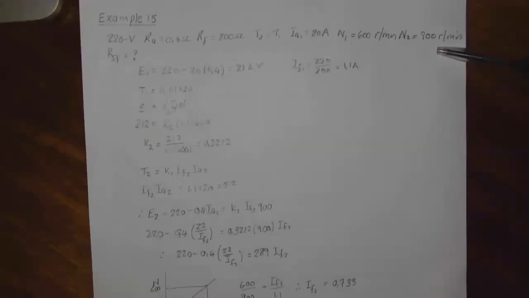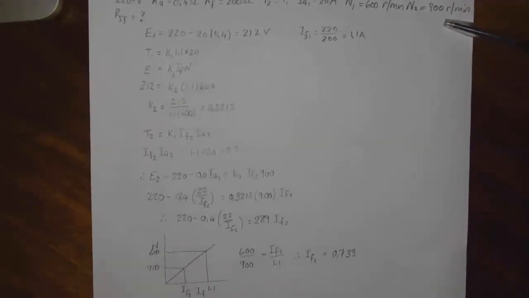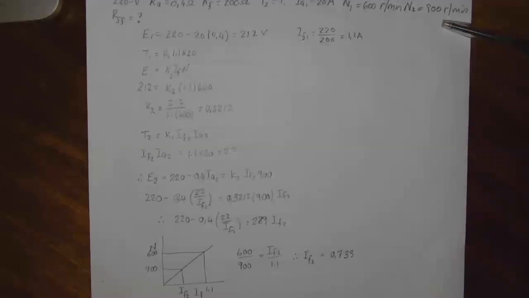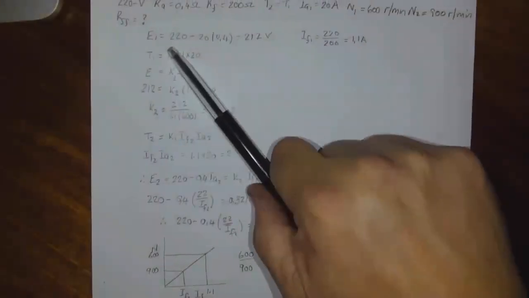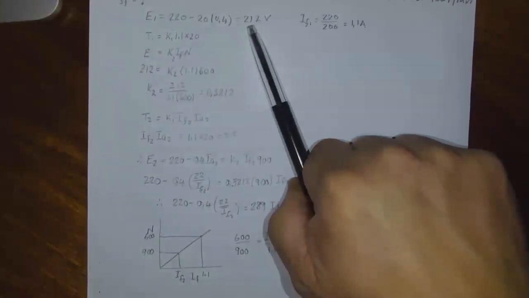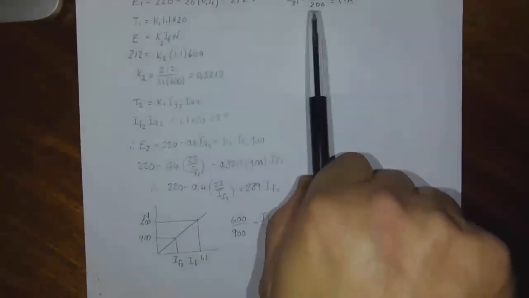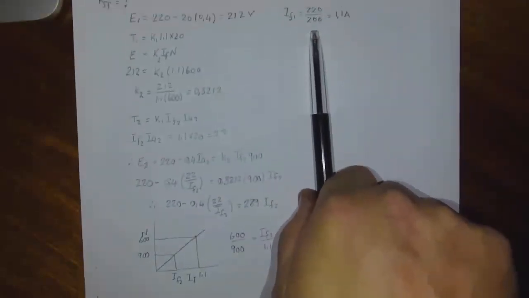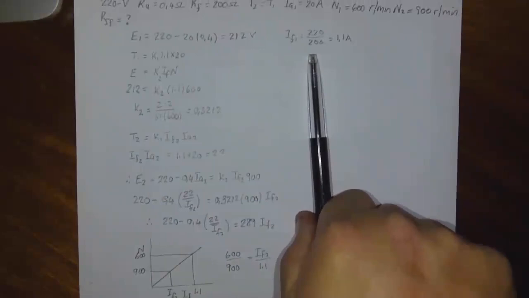What is in the series field to produce that speed? So E1 is 220 minus 20 times 0.4, and gives us 212 volts. Field current is 220 divided by 200 is 1.1 amps.